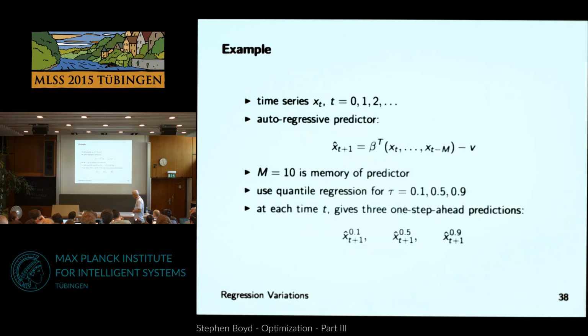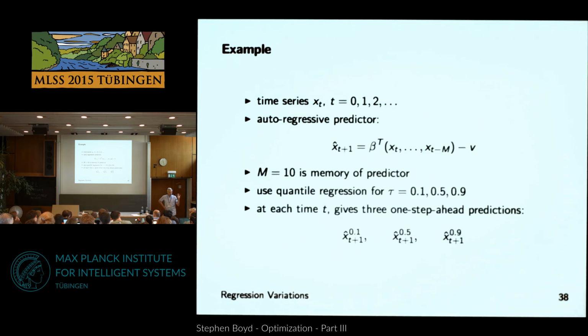Okay. So just a quick example to see that this does something. We just made a time series up, and whatever it is, it's like 3 lines of Python, not fiddled with too much. And then we're going to make an autoregressive predictor. So what we're going to do is approximate the next time series element by a linear combination of the previous m, and then with an offset, right?